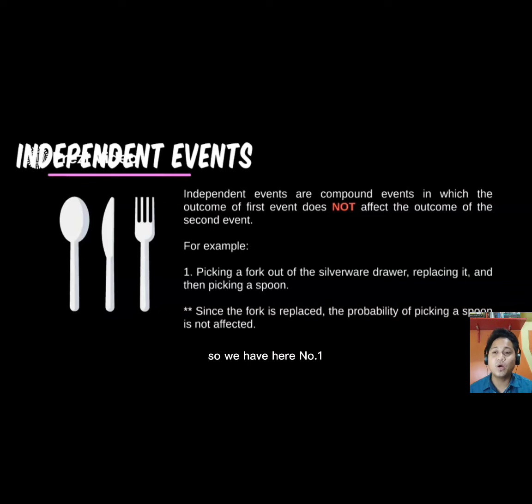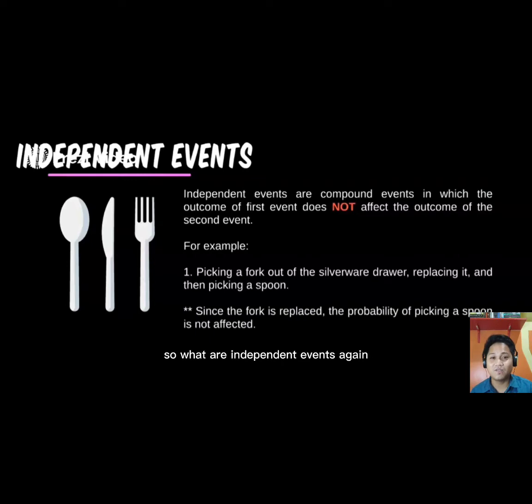Number 1, picking a fork out of the silverware drawer and then replacing it, and then picking up a spoon. Since the fork is replaced, the probability of picking a spoon is not affected. So again, that's an independent event.